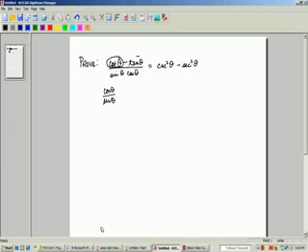And then I can rewrite tangent theta as sine theta divided by cosine theta. And all of that is over sine theta cosine theta. The right side, I'm simply going to bring down cosecant squared theta minus secant squared theta. I don't want to do anything with that yet.